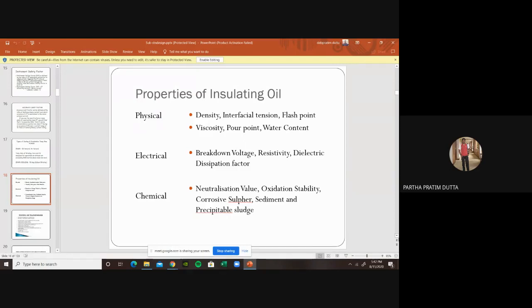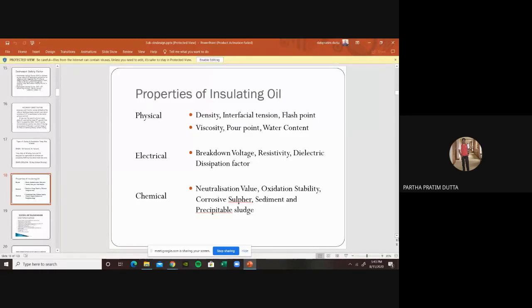In case of physical properties, the density, interfacial tension, flash point, viscosity, pour point and water content are all considered. For the chemical properties, neutralization value, oxidation stability, corrosive sulfur, sediment or residual sludge, which usually happen during the operation of the transformer for a long period.